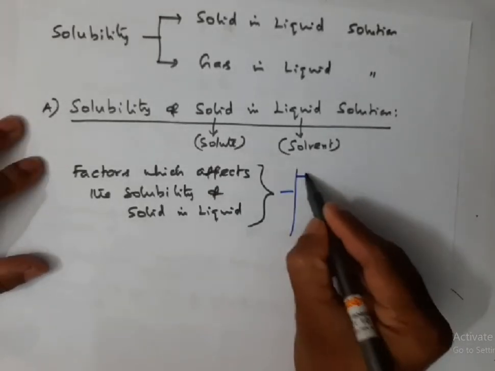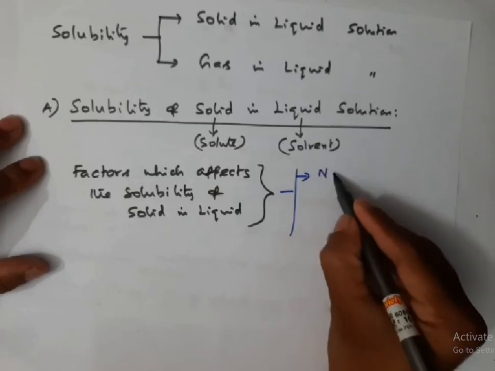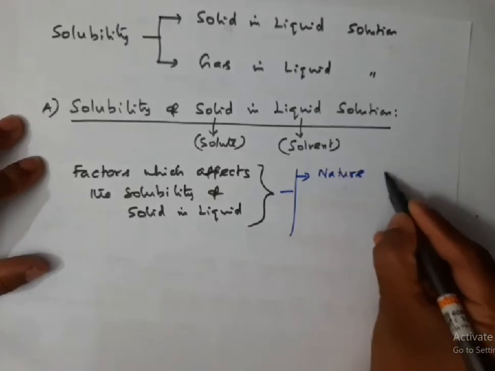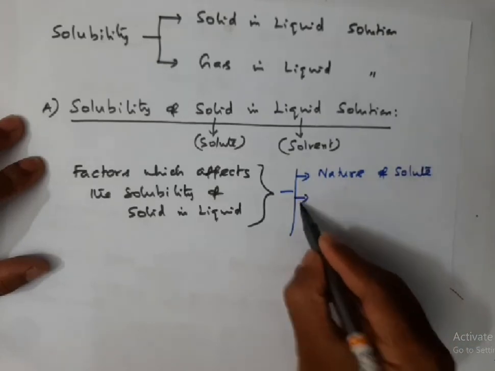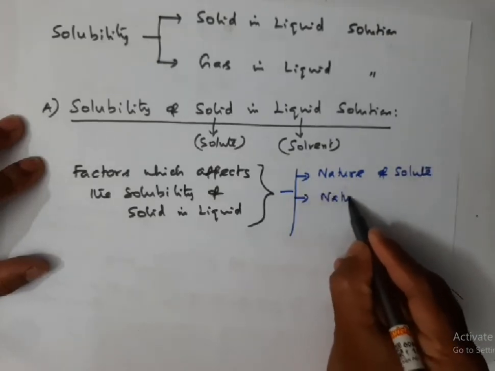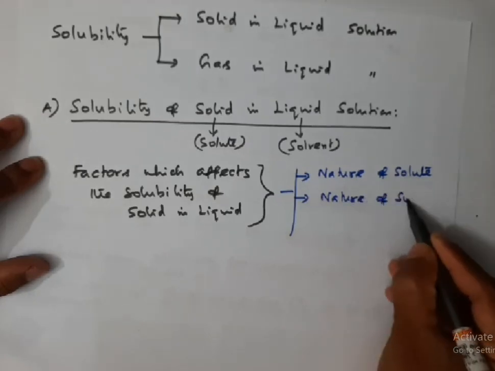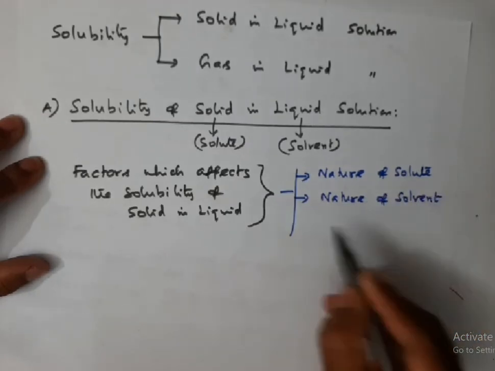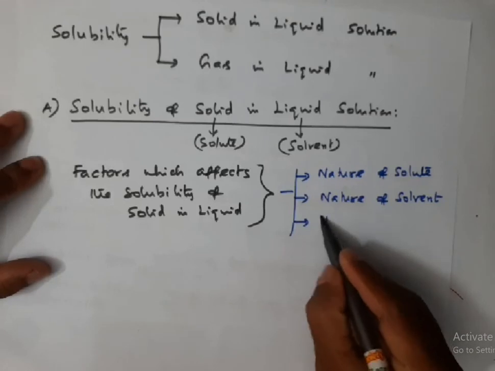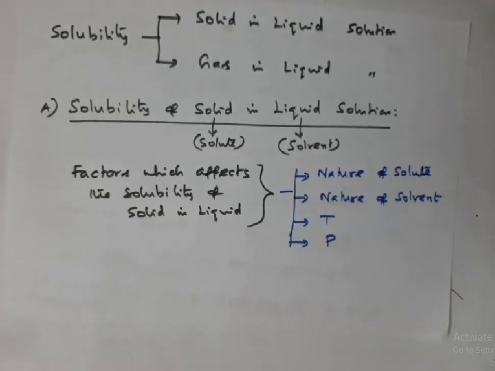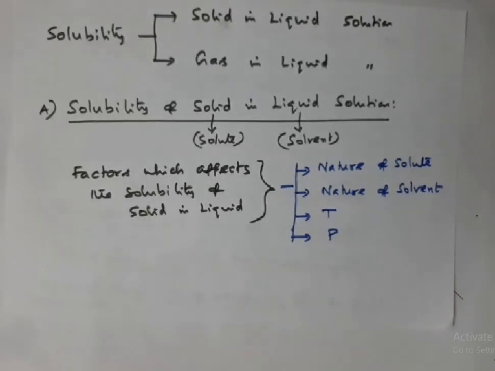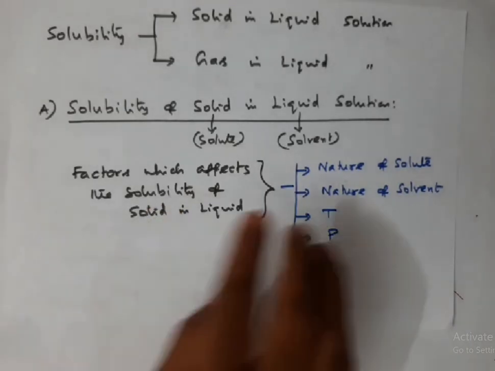Number one, nature of solute. Number two, nature of solvent. Number three, temperature. Number four, pressure. These four factors affect the solubility of a solid in liquid.